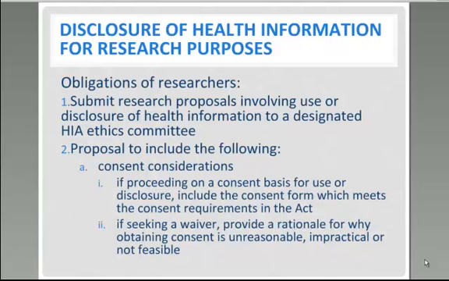So, for example, if the research project is to proceed on consent, then the researcher must include the consent form, and that's going to be used for the project. And, of course, the Act, the HIA itself, indicates what the requirements are for consent, not just for research purposes, but more generally under the Act.